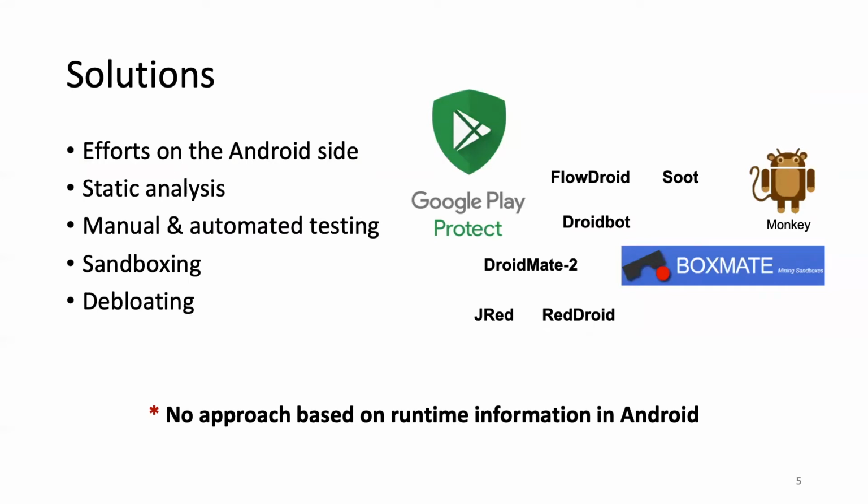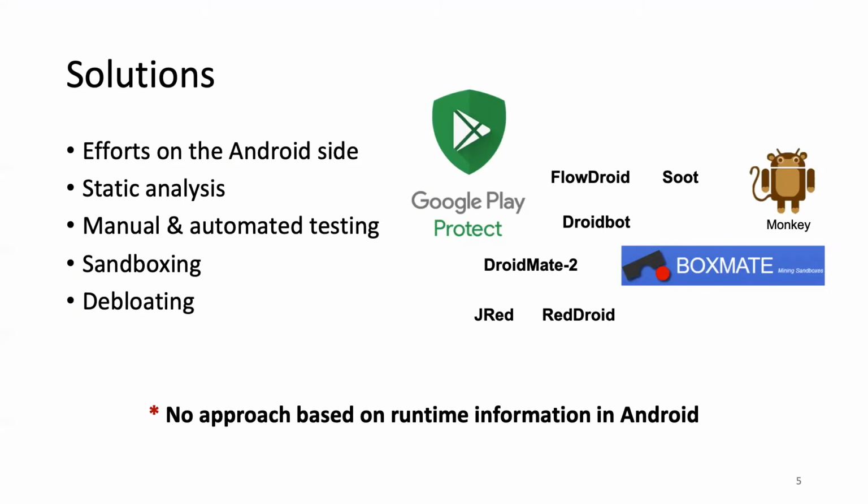Of course, we can test manually and automatically and see the exact behavior that happened. But in this case, we still have some code that was not executed, and we need somehow to say that it is benign code and that it will not trigger some malicious behaviors. One of the solutions is sandboxing, which allows limiting the behaviors of the application.